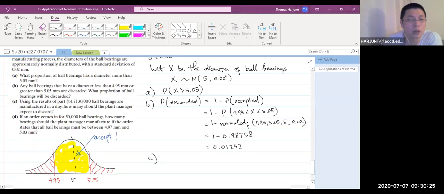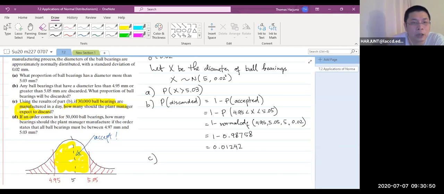Now, in part C, using the result in part B, if you produce 30,000 ball bearings, how many will be discarded? How many should the plant manager expect to discard? Now that's expectation.